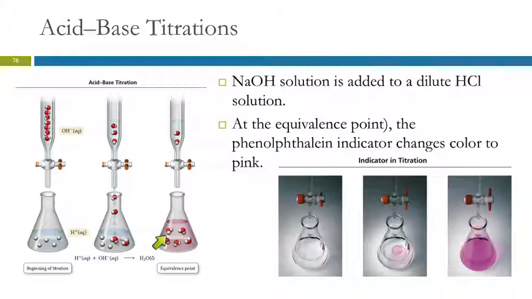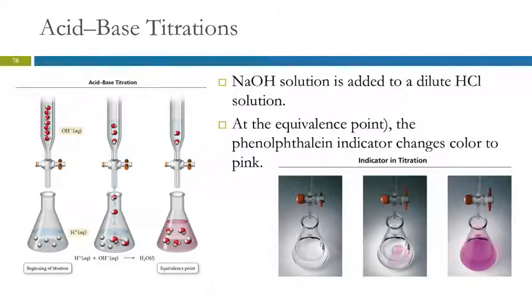When we get to the point where all of the hydrogen ions have been turned into water, then the indicator changes color. It's kind of cool. It's magic. I didn't mean to do this, but I'm wearing my phenolphthalein pink sweater today. So it'll turn pink, and that tells us, oh, you've added enough.